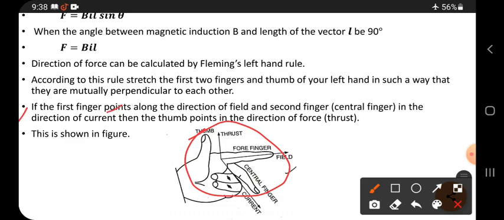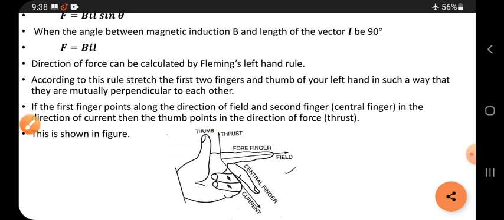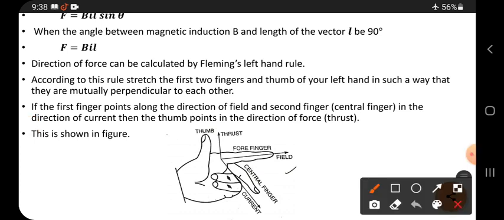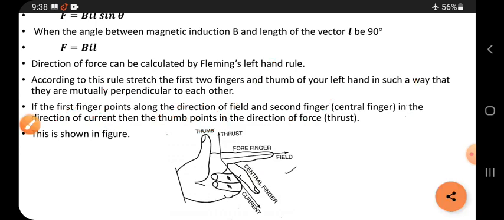The first finger shows the direction of the magnetic field, the second finger shows the direction of the current, and the thumb shows the direction of the force, that is, in which direction the force will act.